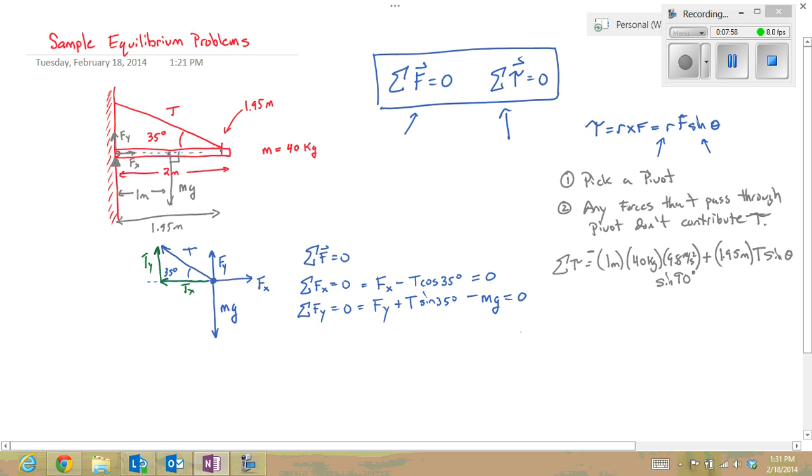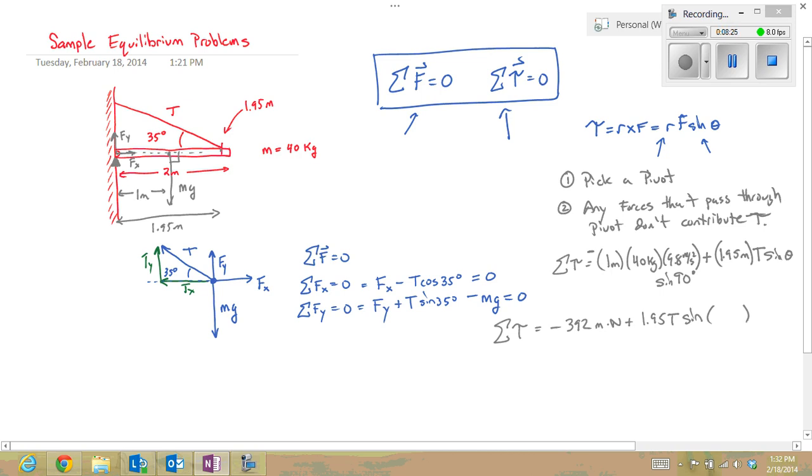So let me go ahead and rewrite this a little bit cleaner. So this is going to equal negative 40 times 9.8, so negative 392 meter newtons worth of torque, plus 1.95 T times the sine of something.